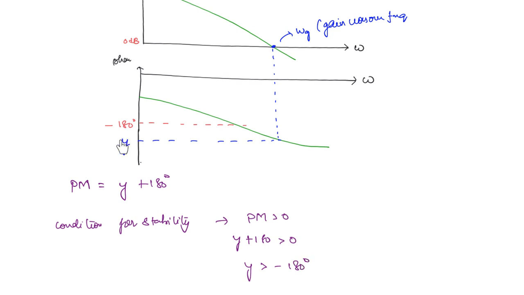But here y is less than minus 180 degrees. So this system is unstable. The phase margin for this particular system is negative. Okay, so both the gain margin as well as the phase margin have come out negative, so the system is completely unstable. This is how from the Bode plot you can find out the stability of that system.